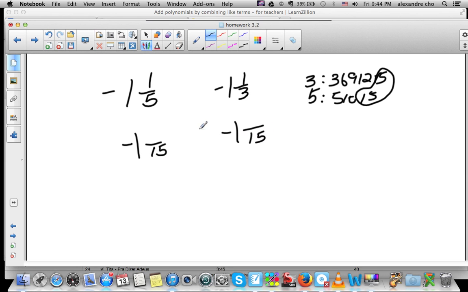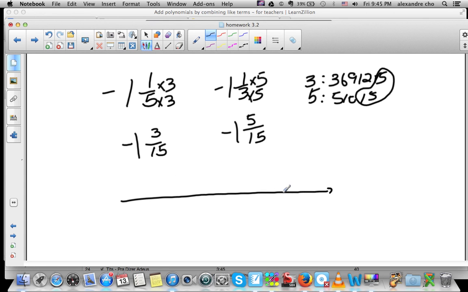To both, so here 5 times 3 gives you 15, therefore 1 times 3. 3 times 5 gives you 15, therefore 1 times 5. Now, that still may not help you. In the case of negative numbers, it would actually help if you drew a number line. So we're looking at the negative side. Here's 0, here's negative 1, here's negative 2.